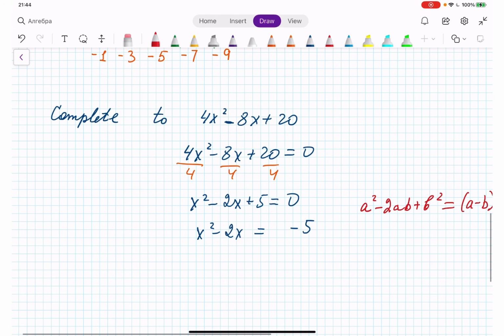Now let's do it here. x squared is my a squared, right? Minus, I have 2 here, times a. If a squared is x squared, then x is going to be my a, right? And times here has to be b. There is nothing else here, that means here it is going to be 1.